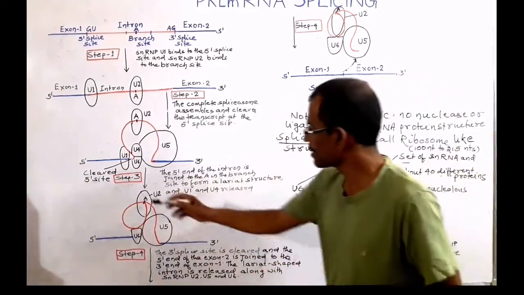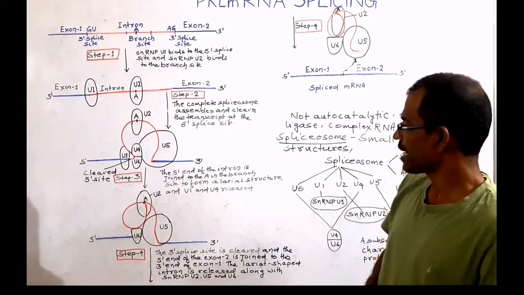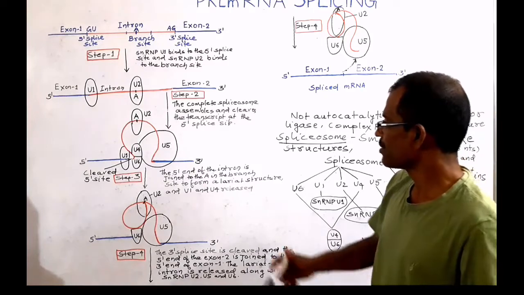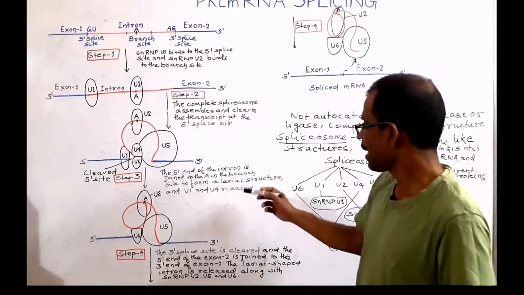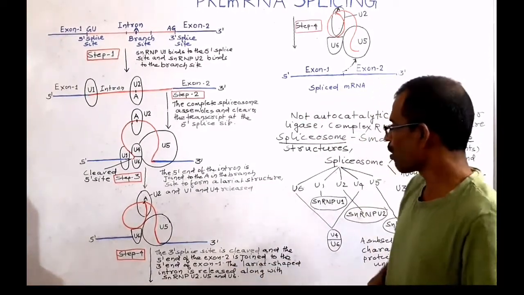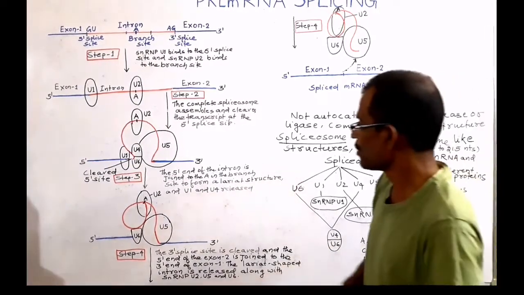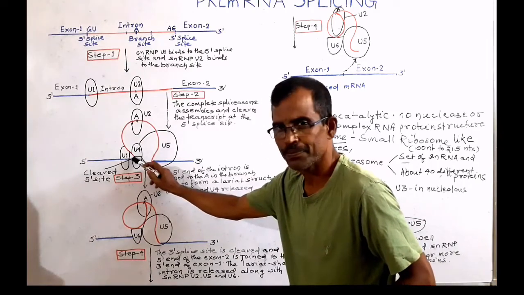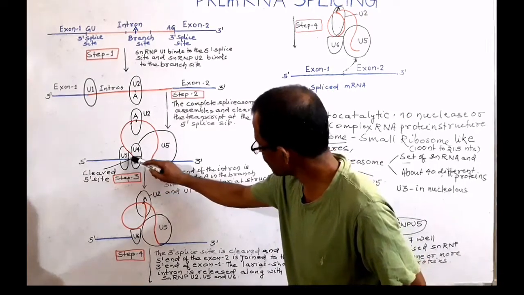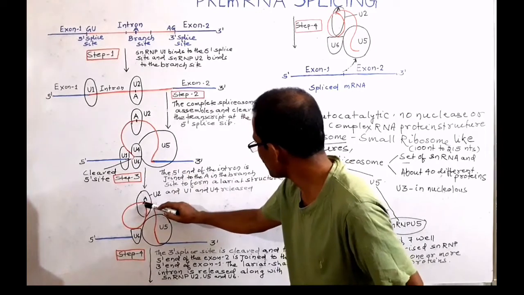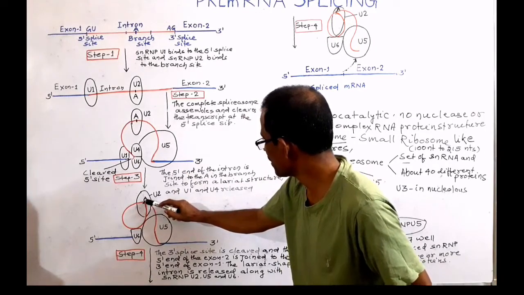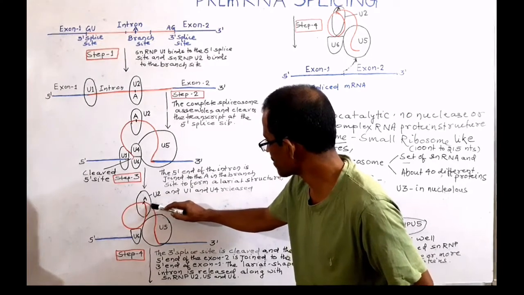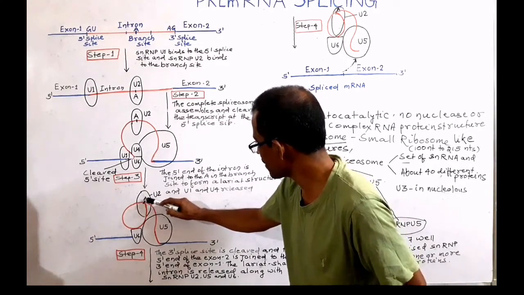Next is step 3. In step 3, the 5' end of the intron is joined to the A in the branch site to form a lariat structure. So friends, this is the 5' end of the intron. This 5' end of the intron has been joined to the A residue in the branch site, which is an adenine residue.